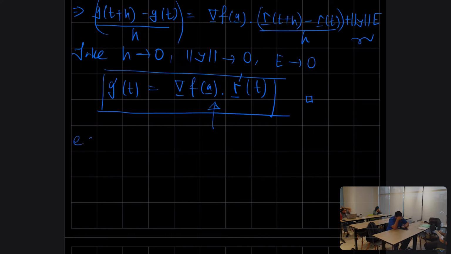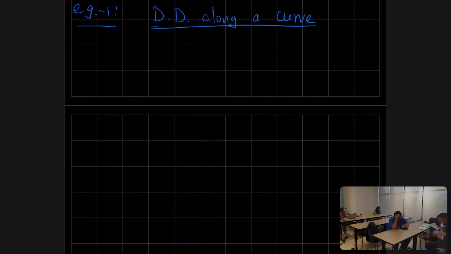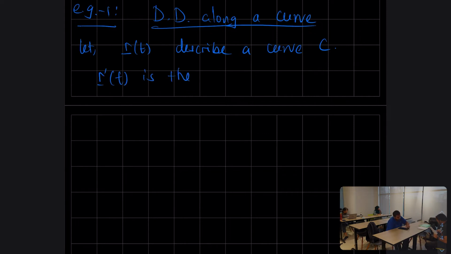Okay, so look at an example. The example is, say, directional derivative along a curve. Let r of t describe a curve C. R prime of t is the velocity vector.